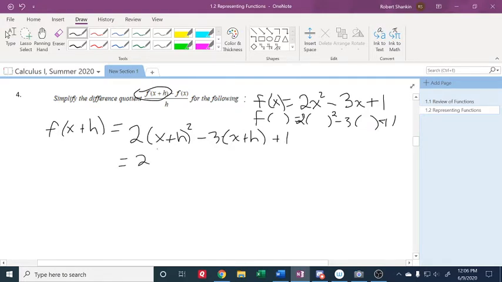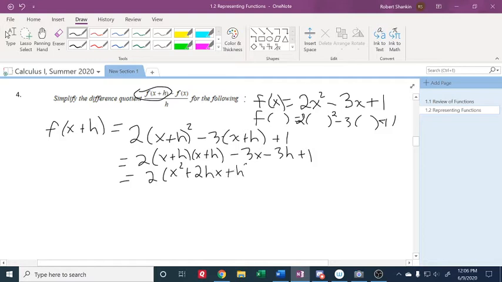And then when I square this out, I have to FOIL it out. When I FOIL that out, I'm going to get x squared plus 2hx plus h squared.